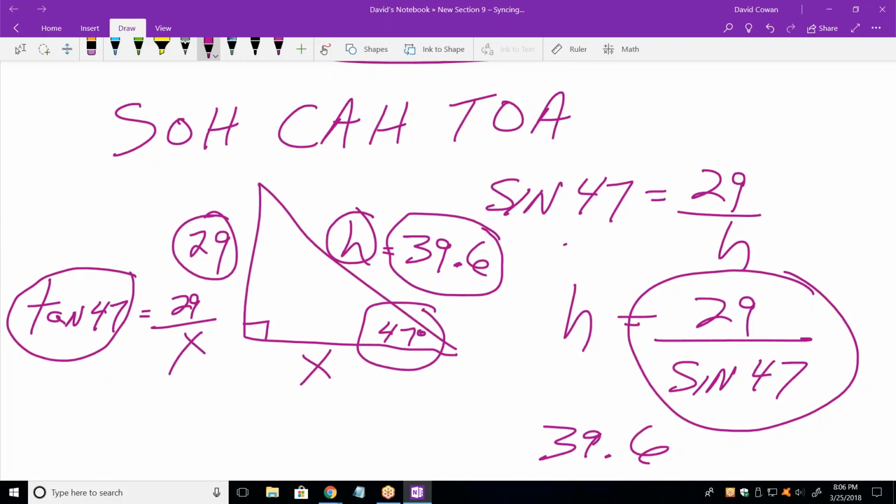The most important thing you can do is make sure your calculator is in radians if that's what you want, and in degrees if you want degrees. So know what your calculator mode is.